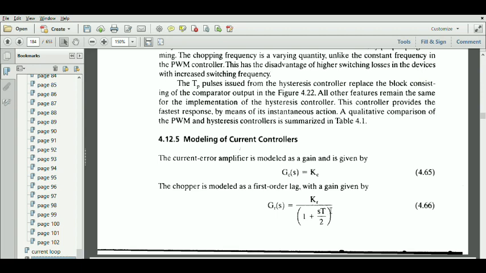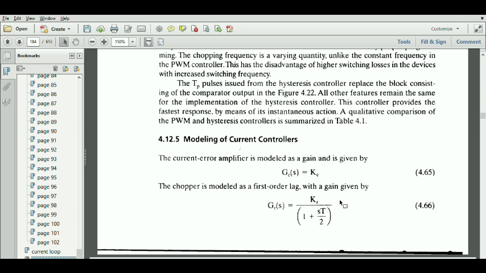As you keep increasing the chopping frequency, this term reduces, and it comes near to zero, or is very much less than 1. Then your overall transfer function will be a constant itself. So to reduce the lag time, we have to increase the frequency.